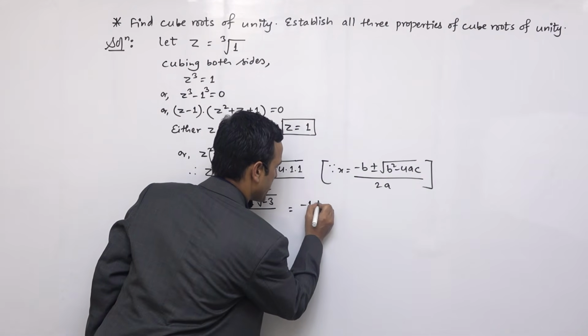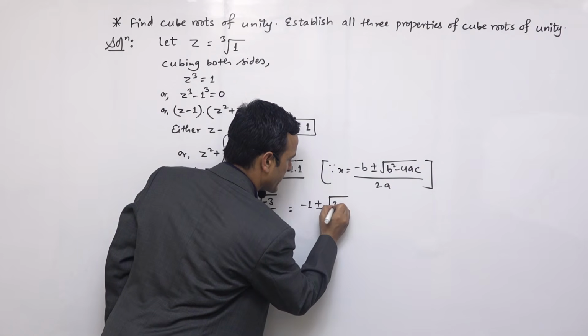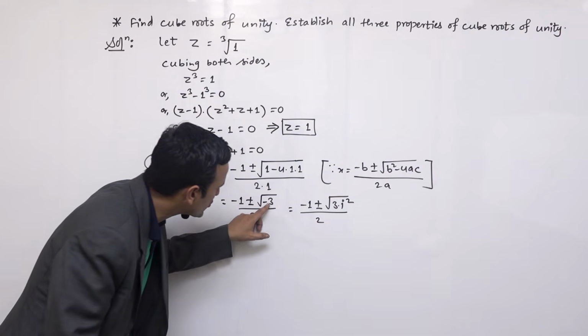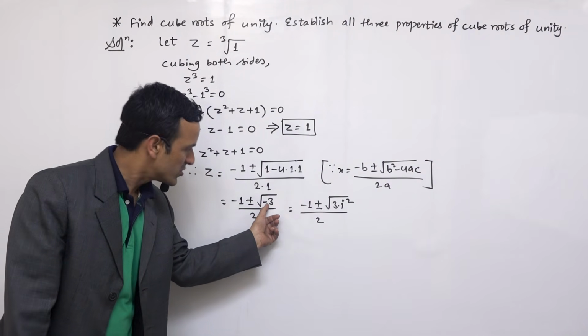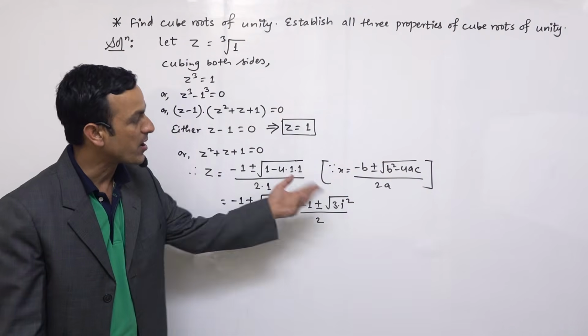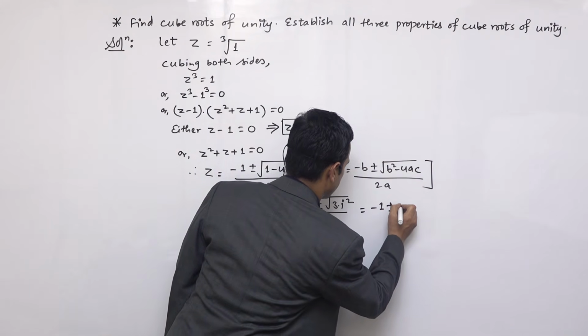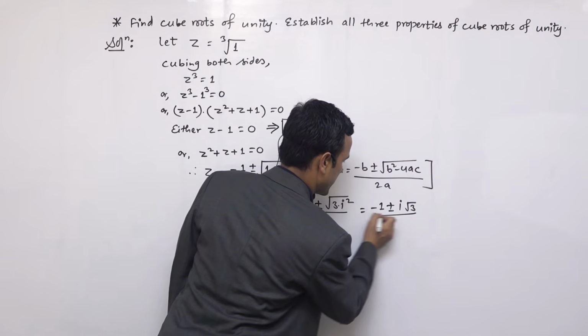Now minus 1 plus minus, we can write it like this, root under 3 into i square divided by 2. So minus 1 means i square. Here is minus 1. So minus 1 को ठाउँमा i square लेख्नु पर्यो, किनभने i square को property नै minus 1 हुन्छ. So it can be written as plus minus i root 3 divided by 2.